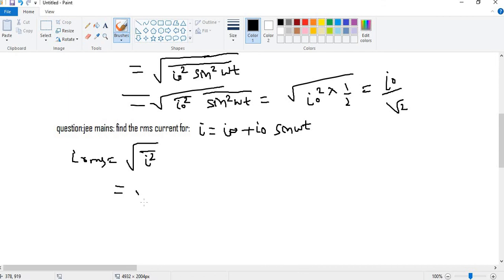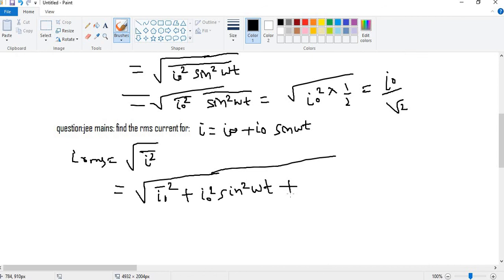So a square, where a is I naught, is I naught square, plus b square, which is I naught square sin square omega t, and then 2ab, so 2 into I naught into I naught sin omega t.